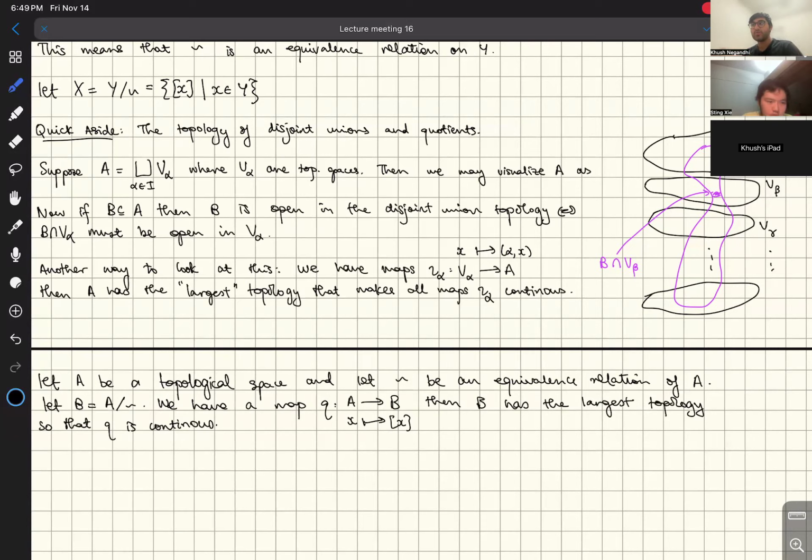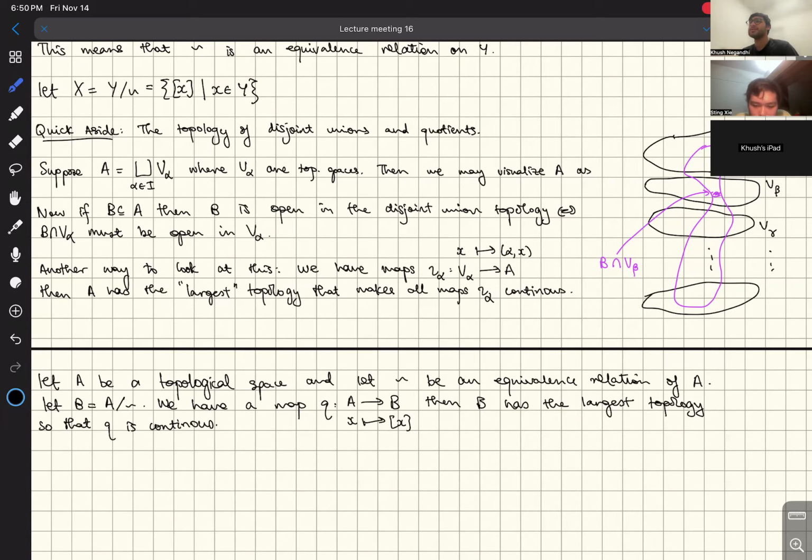And if you recall the definition of continuity, when we took the pre-image, we want that to be open. But the pre-image of the empty set is empty, and the pre-image of the entire set would be A, because the map Q is surjective, which then means that the map is continuous because both those sets are open in the topology of A by the definition of topology.